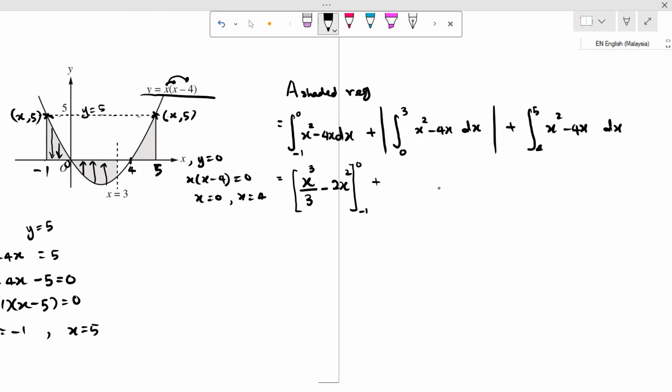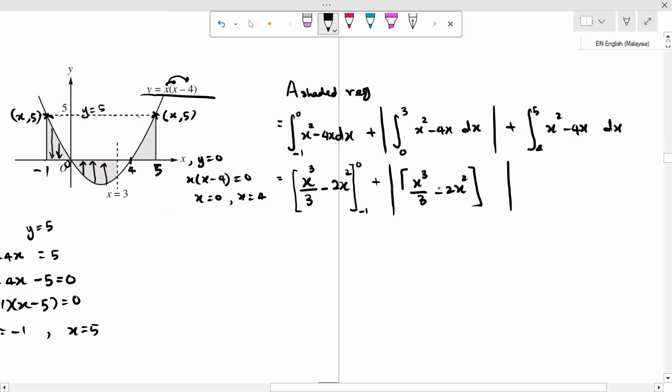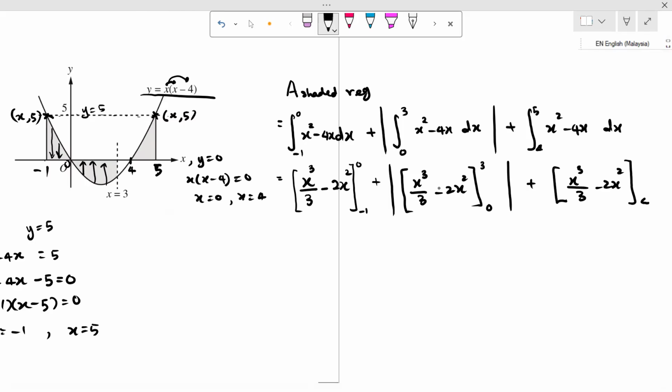And then plus modulus, you gotta be careful. Now copy x cubed over 3 minus 2x squared from 0 to 3 plus x cubed over 3 minus 2x squared from 4 to 5. Now show the substitution.